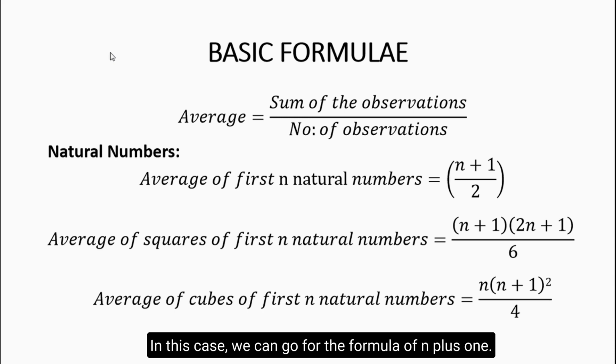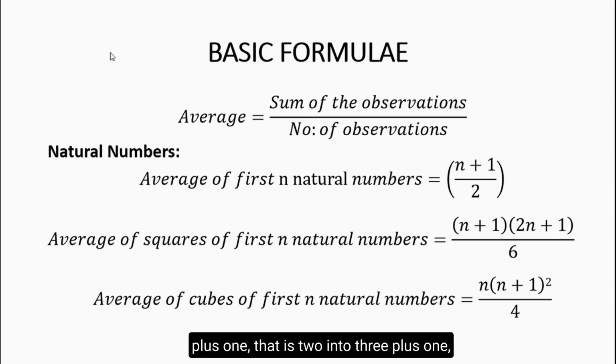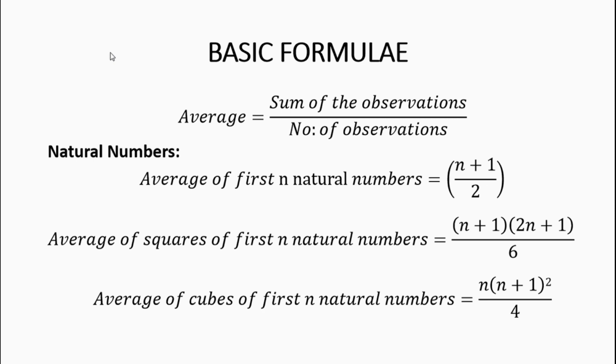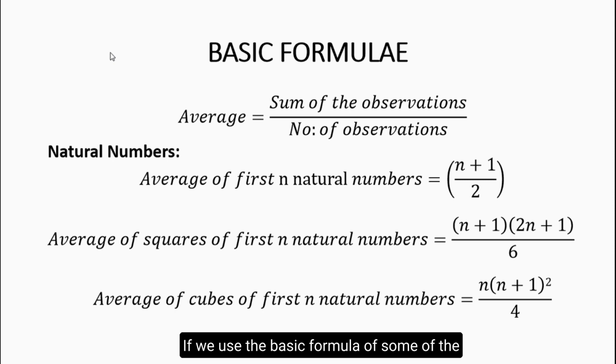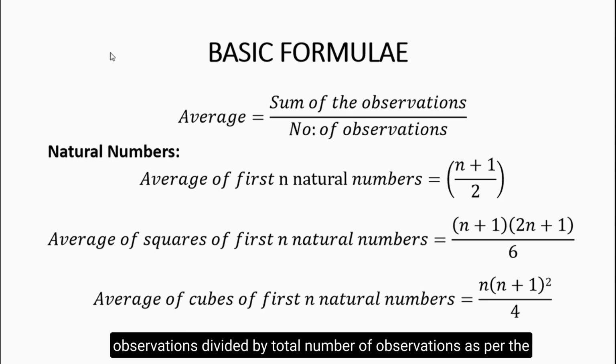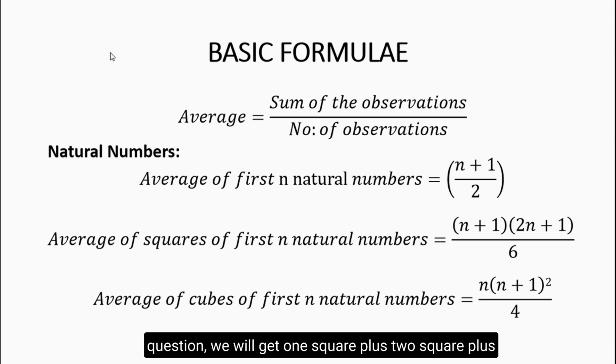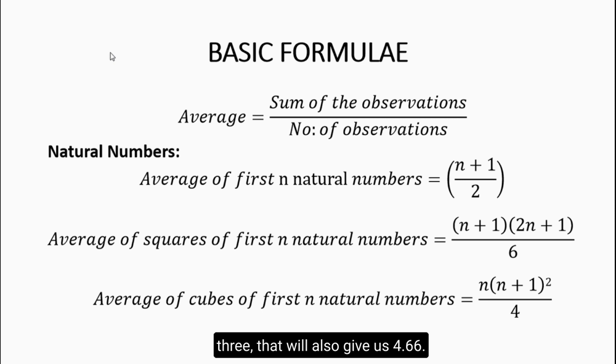In this case, n is equal to 3, therefore (3 + 1) is 4, multiplied by (2n + 1), that is 2 into 3 plus 1, which is equal to 7, divided by 6, which is equal to 4 into 7 by 6, that is 28/6, approximately equal to 4.666. If we use the basic formula of sum of the observations divided by total number of observations, as per the question, we will get (1 square + 2 square + 3 square)/3, which is equivalent to 14/3. That will also give us 4.666.